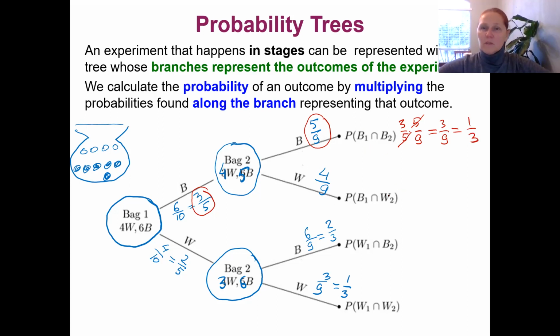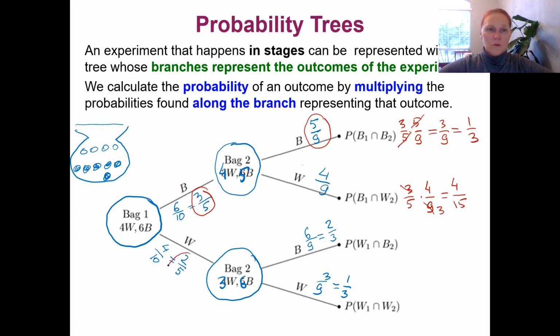The probability along the second branch of getting black then white will be 3/5 times 4/9. We can divide by 3, numerator and denominator, and get 4/15. 3 times 5 is 15.